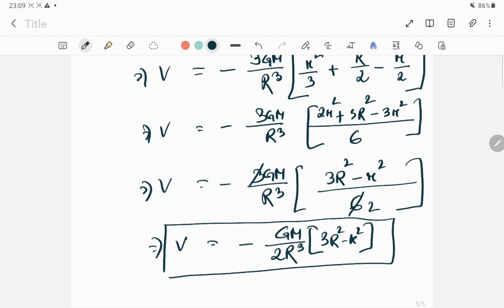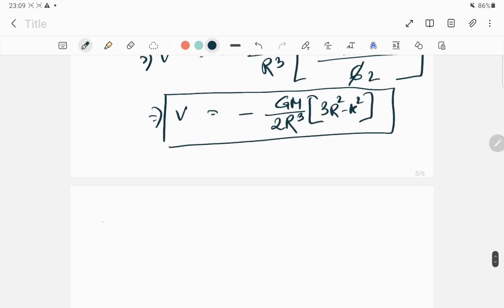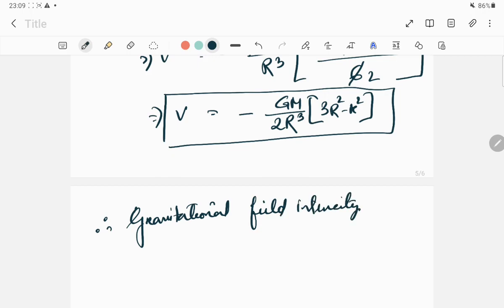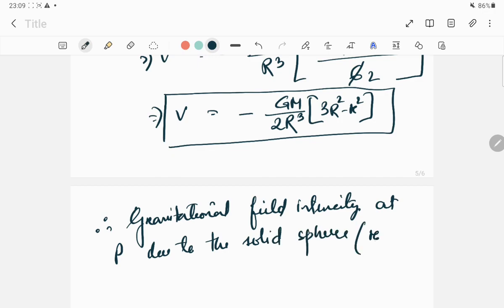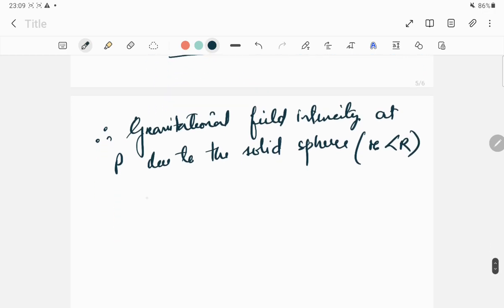So from this we can further find out, therefore, the field intensity at P due to the solid sphere with small r, and R, is given by E vector equal to minus nabla vector V. So minus nabla vector, what is our V now?